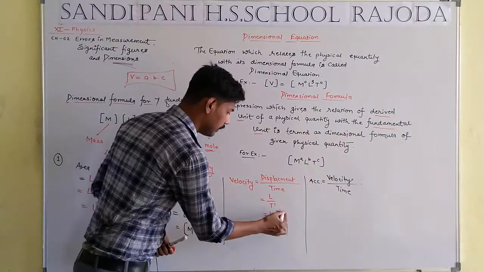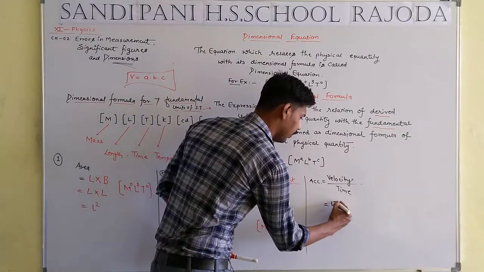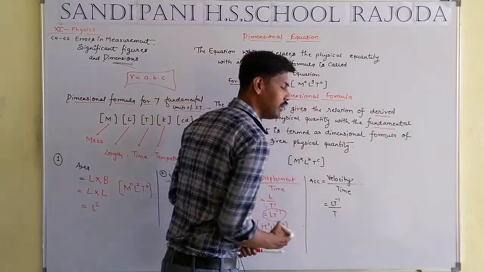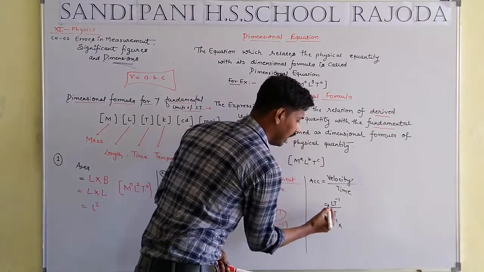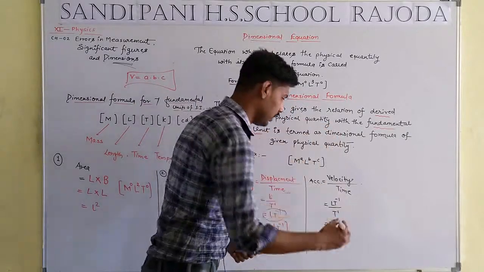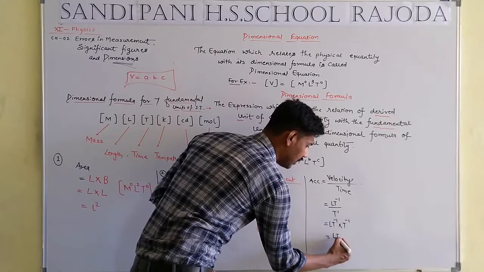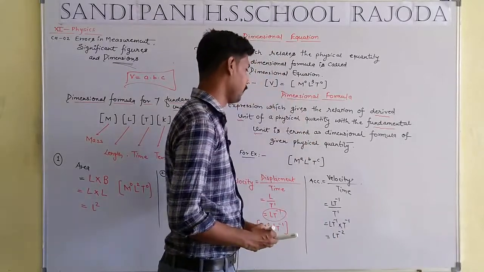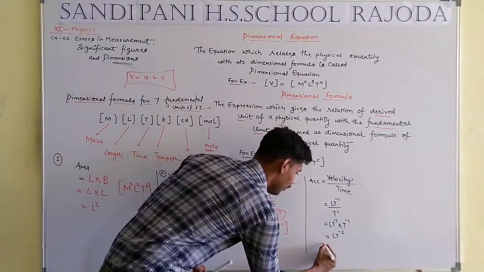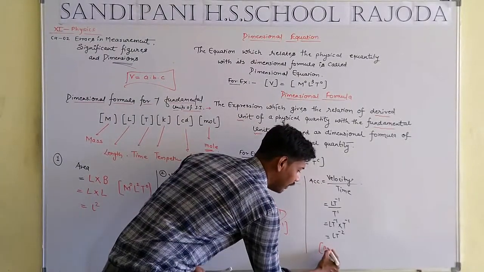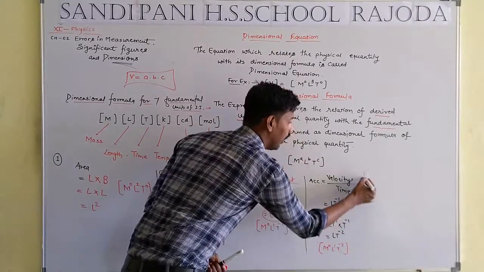Here velocity is represented by LT minus 1, and time is equal to T. So LT minus 1, again T to the power 1 converts into T to the power minus 1, giving T to the power minus 2. So the representation of acceleration will be M is 0, L is 1, T minus 2.